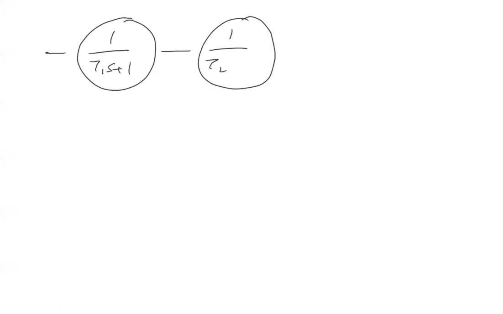So now take a simple 1 by tau 1 s plus 1, 1 by tau 2 s plus 1. Let's say they are non-interacting.